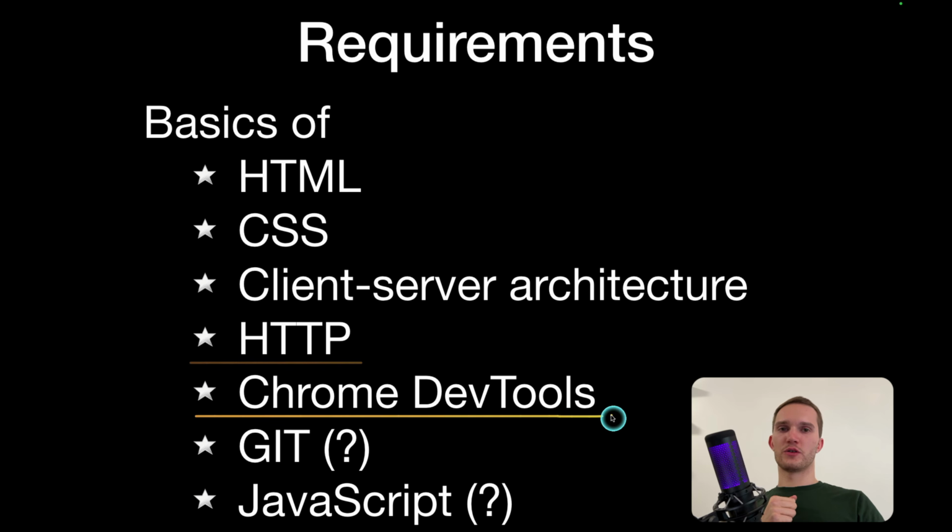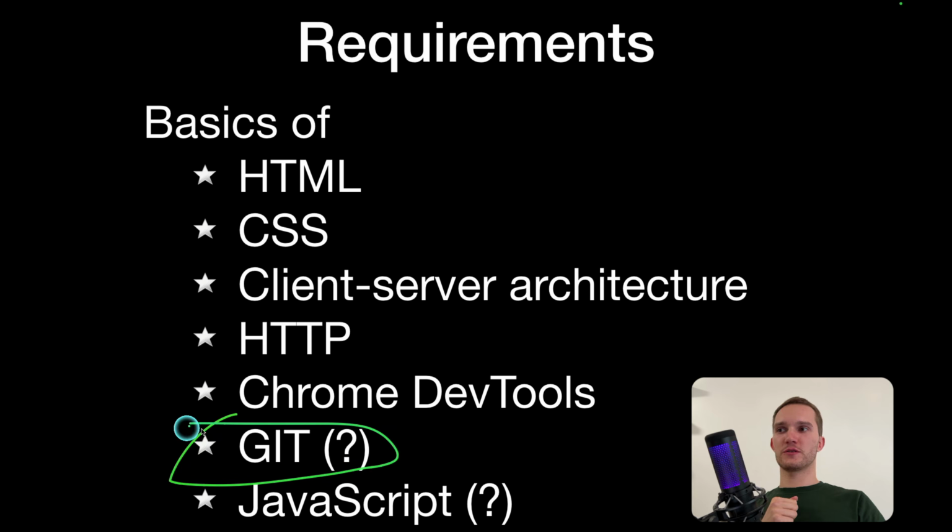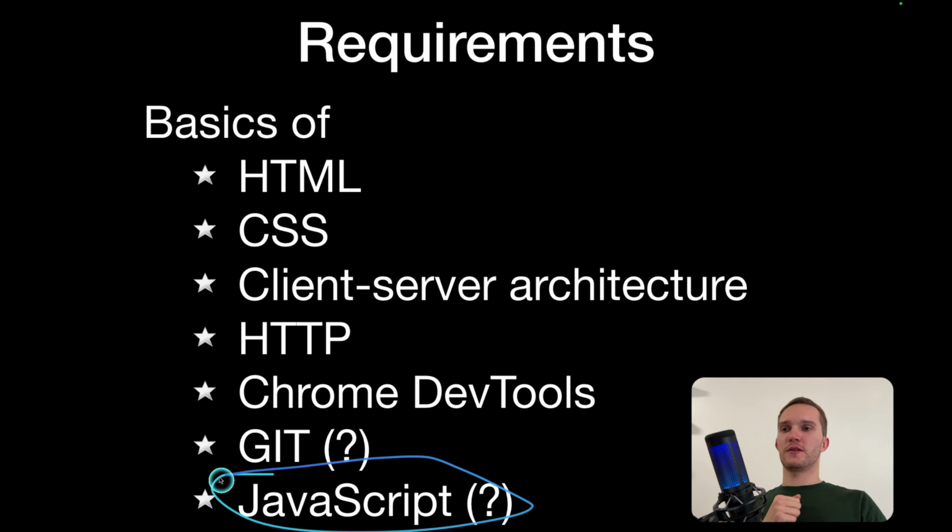Then you have to know how to open Chrome DevTools. And if you know where to find HTML and CSS in Chrome DevTools, this is great. If you know where to find HTTP requests in Chrome DevTools in network, this is also great. Then Git is optional. If you don't know it, this is fine. And JavaScript again. If you don't know JavaScript or TypeScript, this is fine.